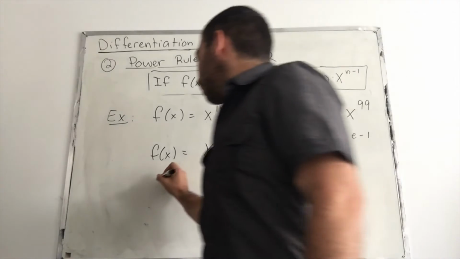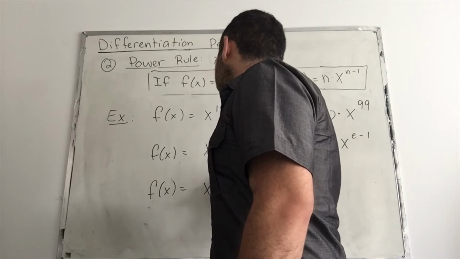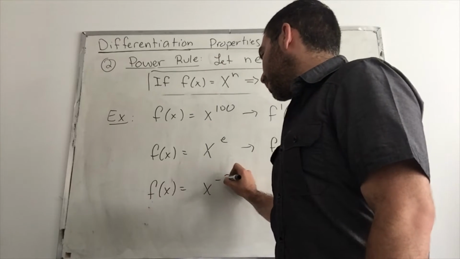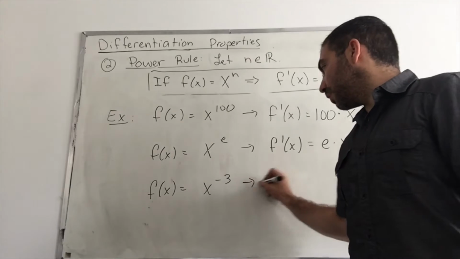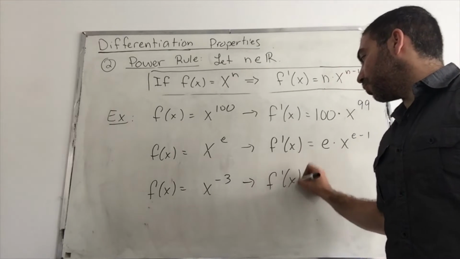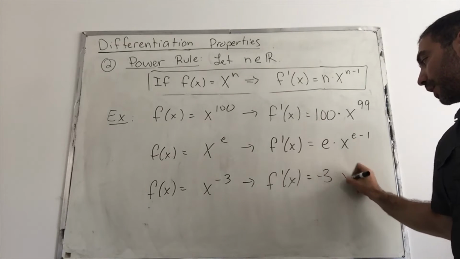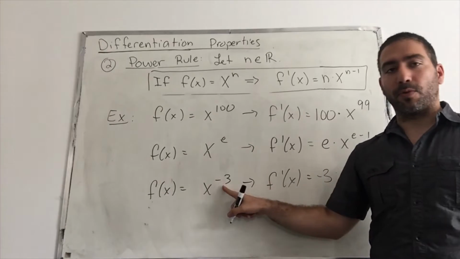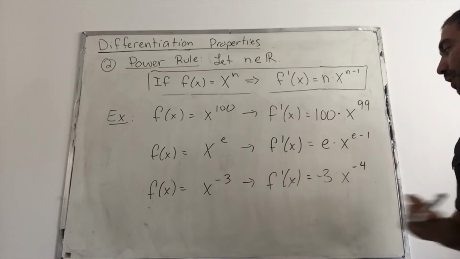We said this works for any number. Let's go ahead and try negative numbers. So what if we have x to the negative, I don't know, 3. Okay, just be careful with your negatives. If we have to take the derivative, we drop the exponent, so the negative 3 comes in front, times x to the, and then we subtract the exponent by 1. So negative 3 minus 1, be careful, you're subtracting by 1.